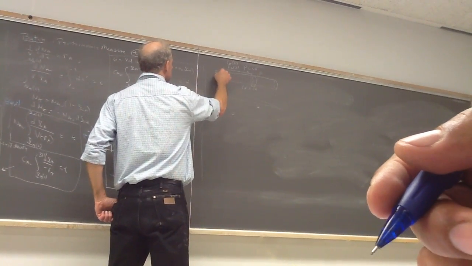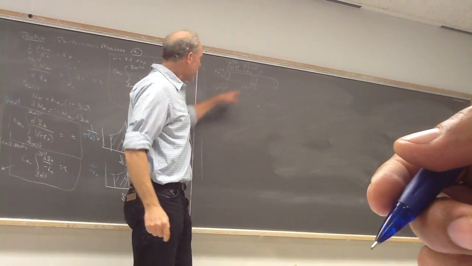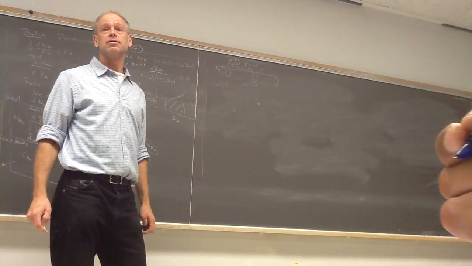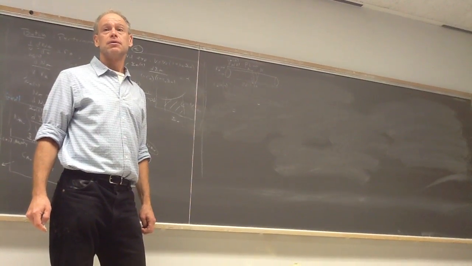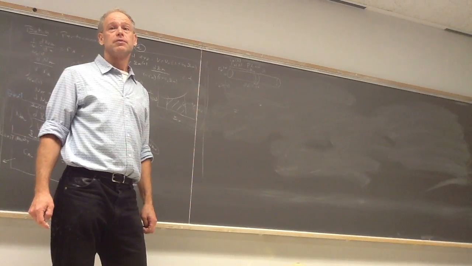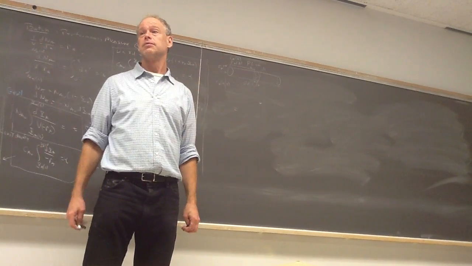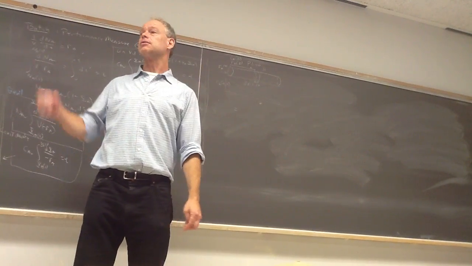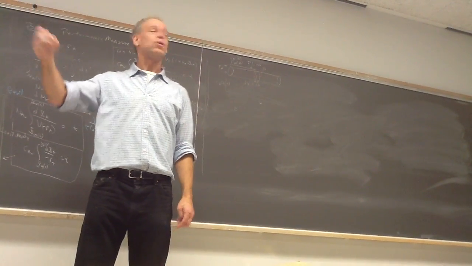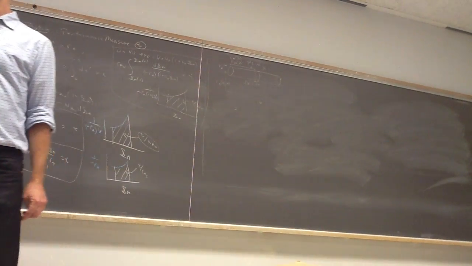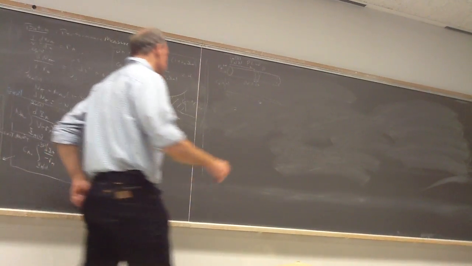I don't want into the reactor, I want into this dV. FA in is the inlet to the reactor. What is coming into this little dV? FA as a function of z. FA of z, good.